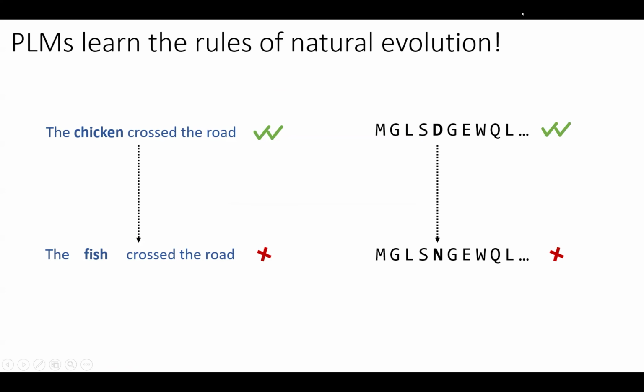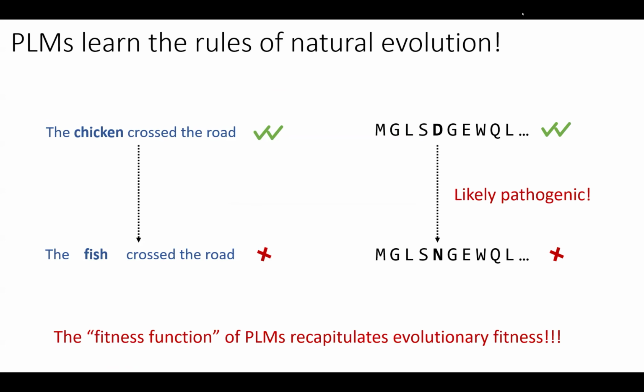You can make a mutation, and the protein language model will say, well, this is not a very likely sequence, not a fit sequence. And it turns out this statistical concept of fitness recapitulates the evolutionary concept of fitness. So if you look at human genetic variant data using language models that have never seen human genetic variants, they will still do a good job of scoring pathogenic mutations as the ones that are statistically unfit. That is really cool.